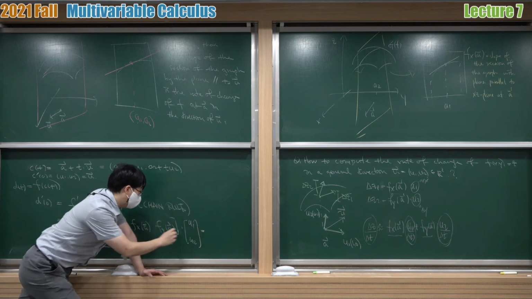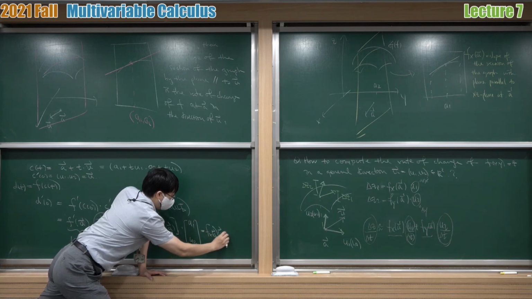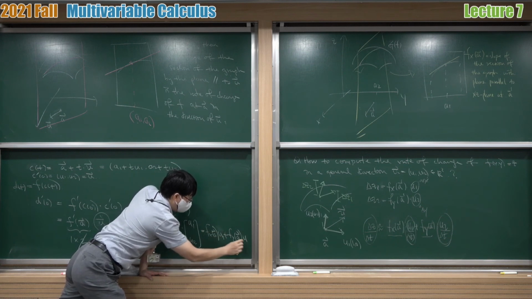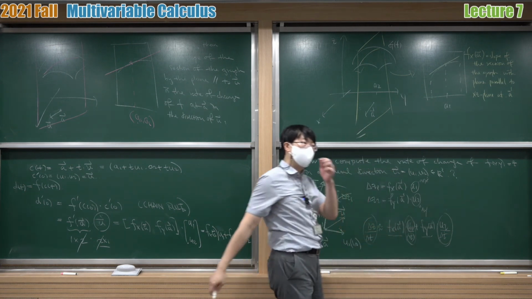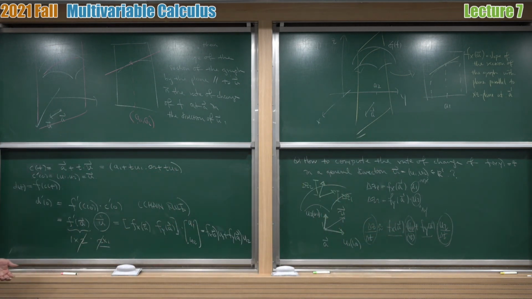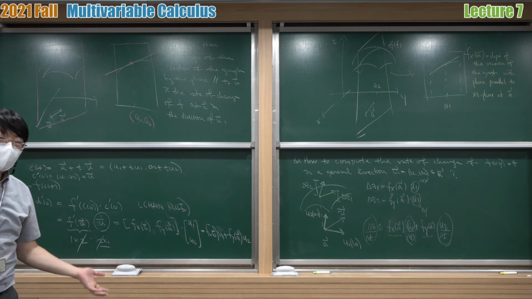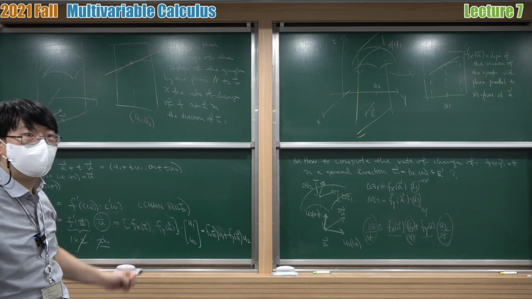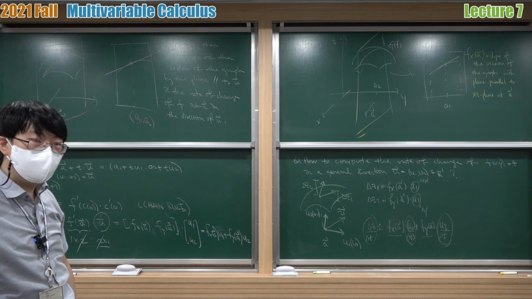So that's how you get fx(a) u1 plus fy(a) u2. Same thing here, right? Using the partial derivatives, you can find the rate of change in any direction at any point, knowing that you have the derivative of the function.